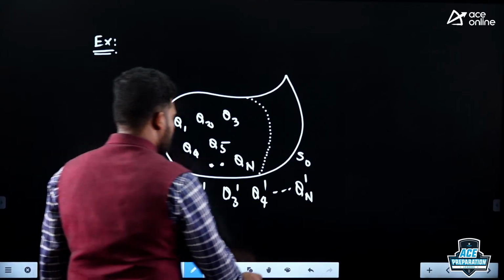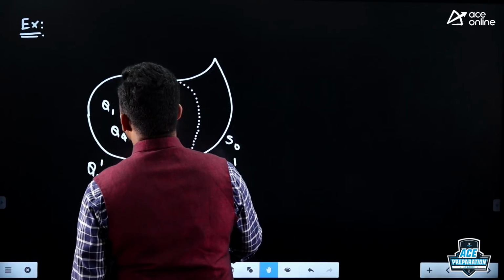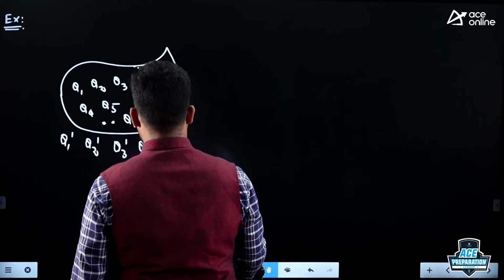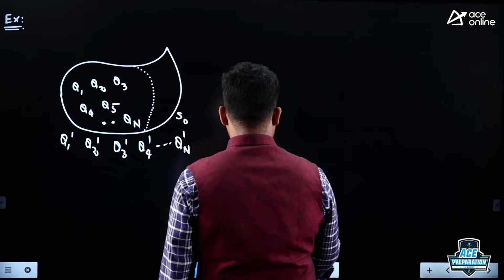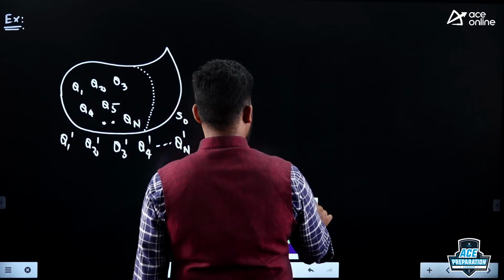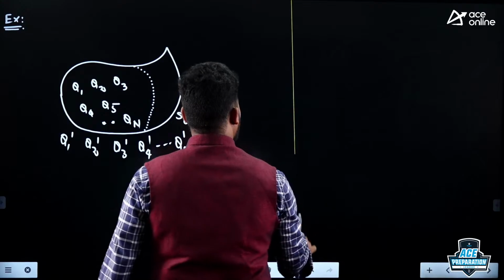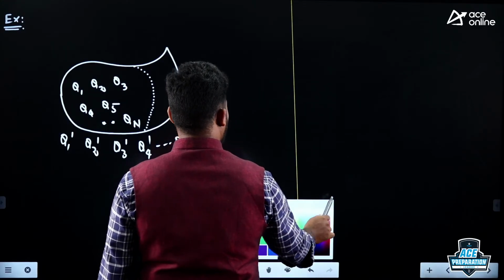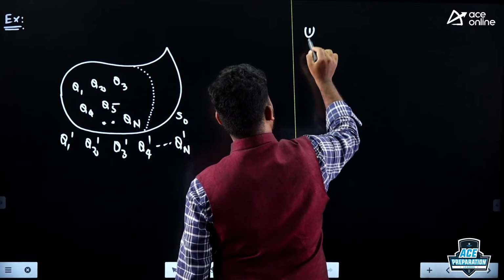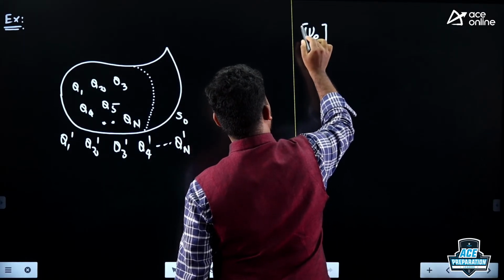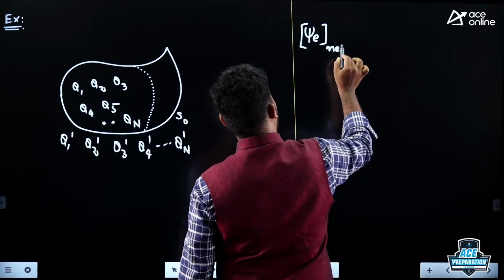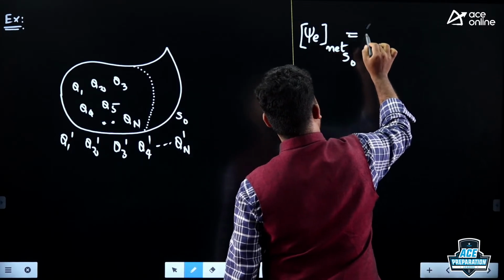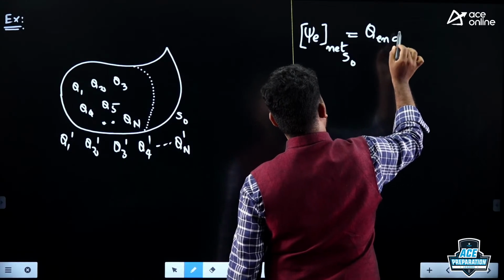Now according to the Gauss law, the net electric flux from any closed surface, psi E net, the electric flux from the S0 surface, is equal to the charge enclosed.